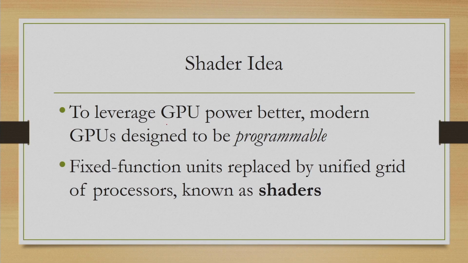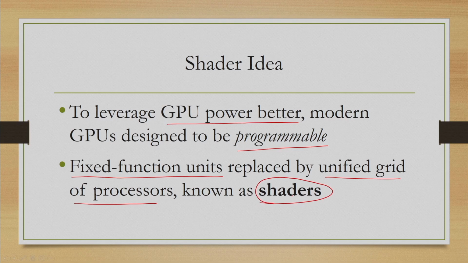To leverage the GPU power better, modern GPUs are designed to be programmable. That means we can program them. Fixed function units are replaced by a unified grid of processors known as shaders.